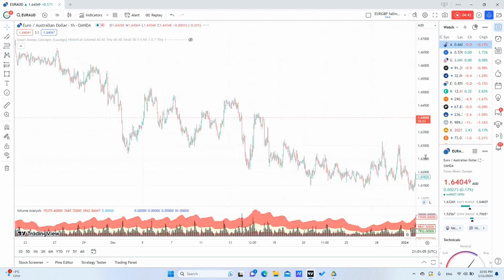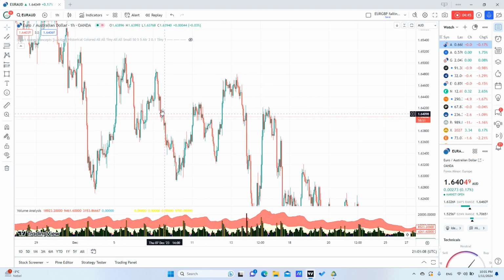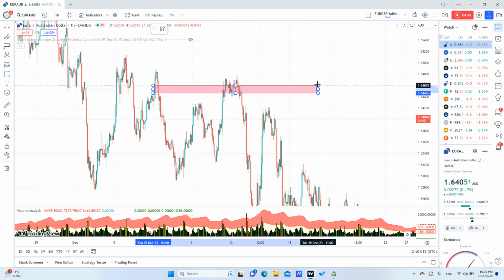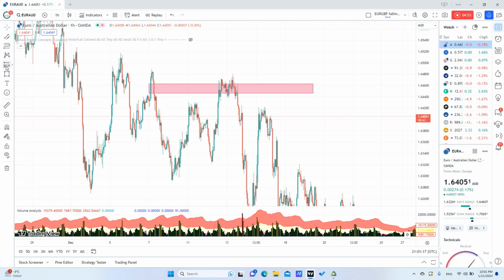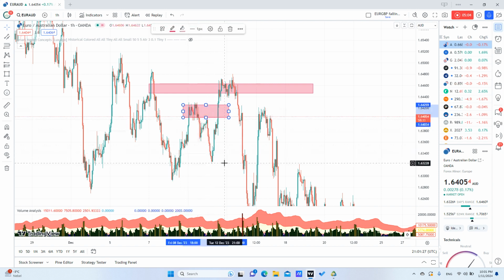Here, a similar setup. As you can see, we also have this PPR, and price actually started to distribute before it, and gave us this false feeling that price had already gone down.